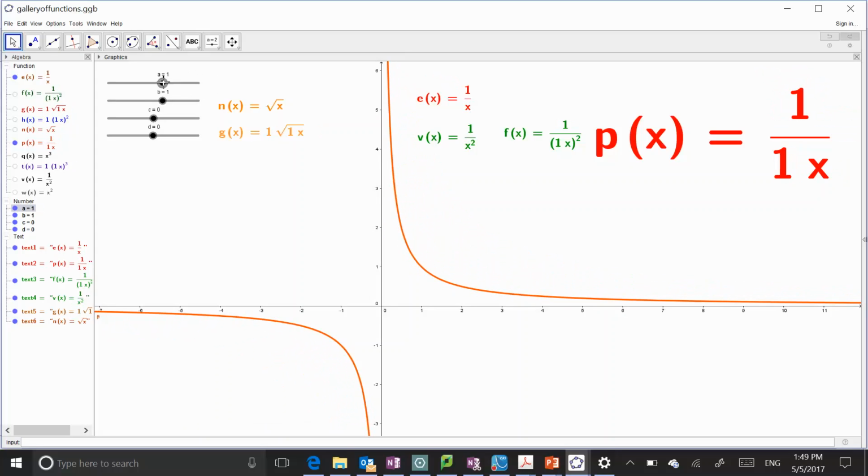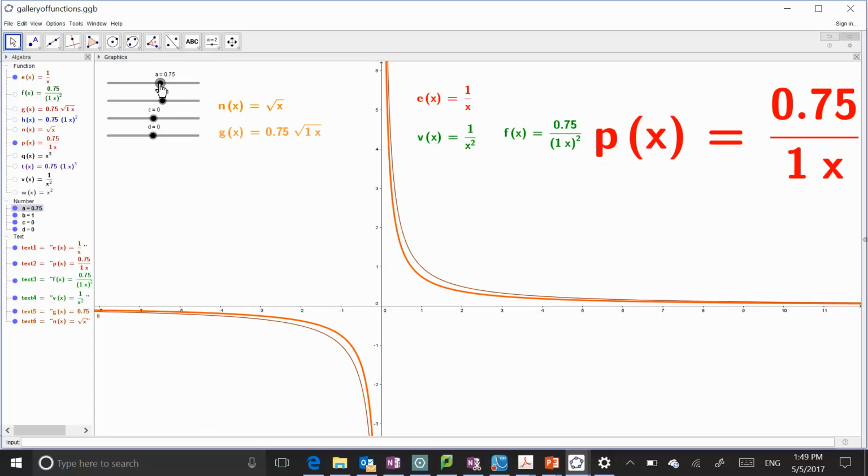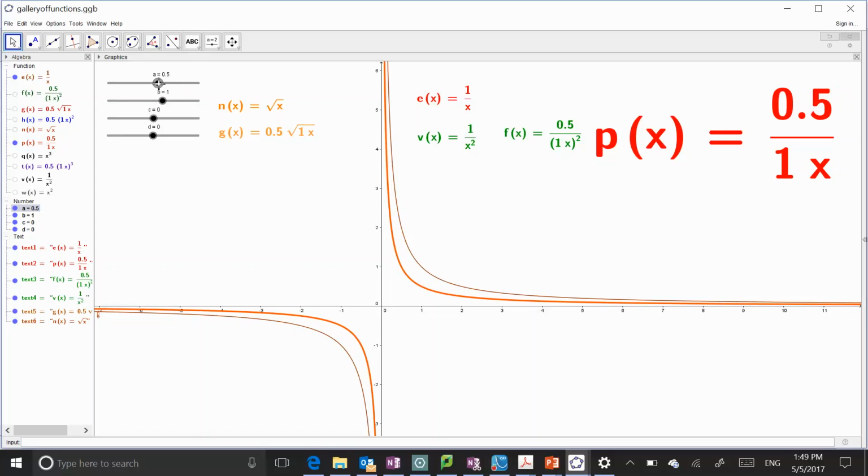You're taking every coordinate and you're halving it depending on what you're multiplying it by. Because you're multiplying this by half, then you're halving every y value. So if I change this to 0.5, that value at 1, it should have been 1, now it becomes 1/2. So the y values are all half. So every term now gets half.